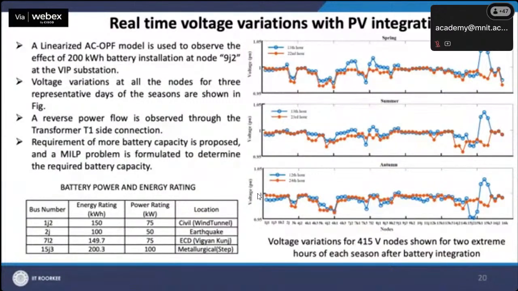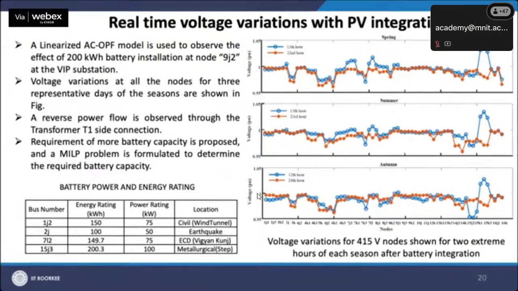The optimal size and location of batteries in the IIT Roorkee distribution networks are determined by formulating a mixed integer linear programming (MILP) problem to minimize the investment and operation cost of the system.